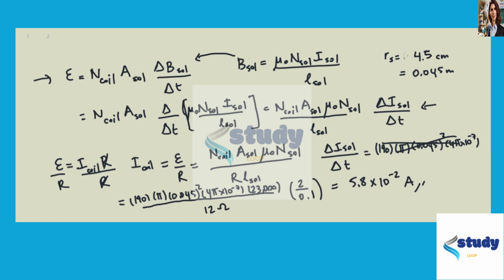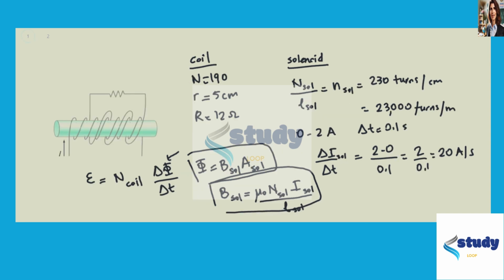Now, this is the magnitude. How are we going to determine the direction of this current? Now, let's look at the current flowing through the solenoid, right? It's going up and then curling around the solenoid itself, and then it comes down. So then the B field generated by the solenoid is actually to the left, right?